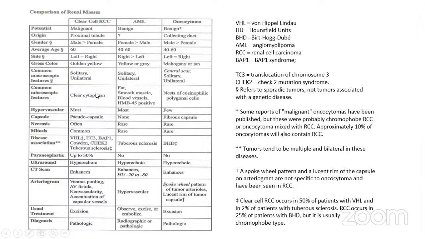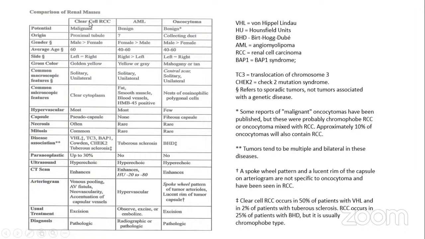The common microscopic feature in clear cell is clear cytoplasm. In angiomyolipoma, it is fat, smooth muscle, blood vessels, and HMB45 positive. Oncocytoma shows nests of eosinophilic cells. Clear cell and angiomyolipoma are hypervascular, while oncocytoma has few vessels.